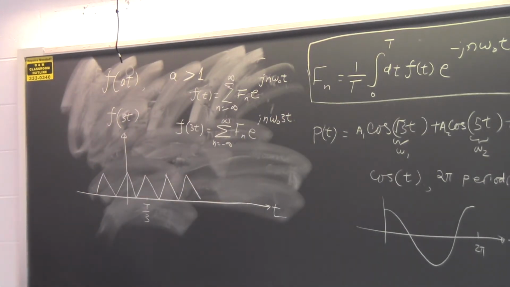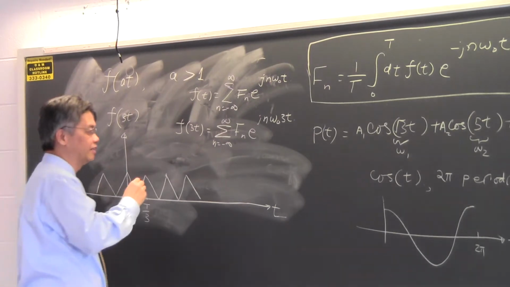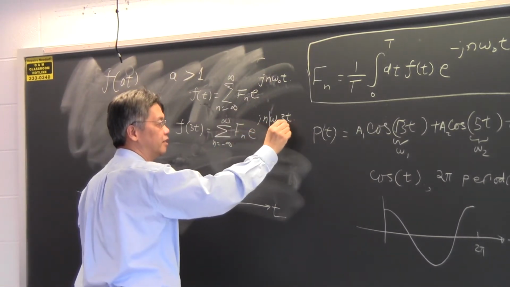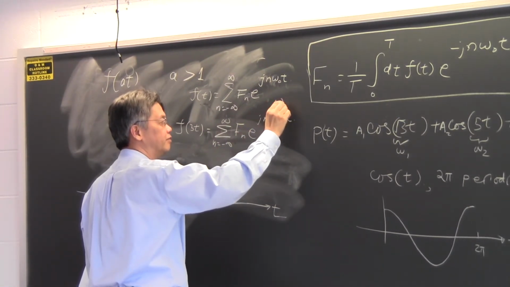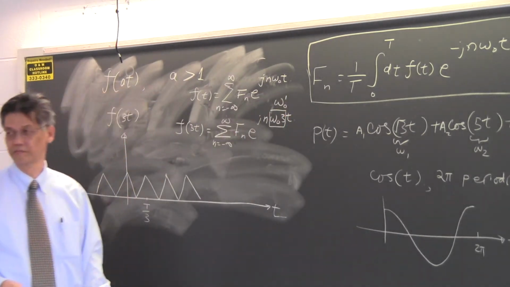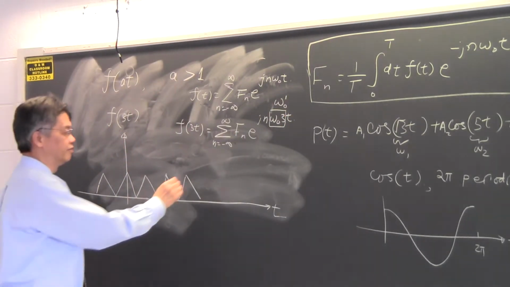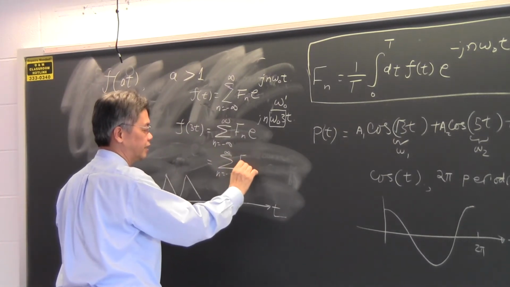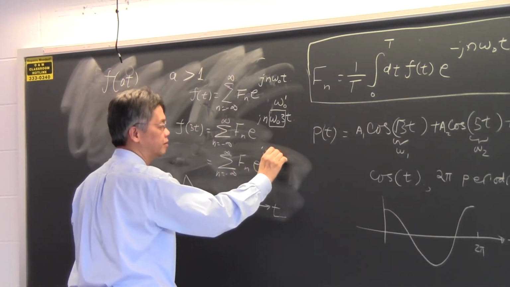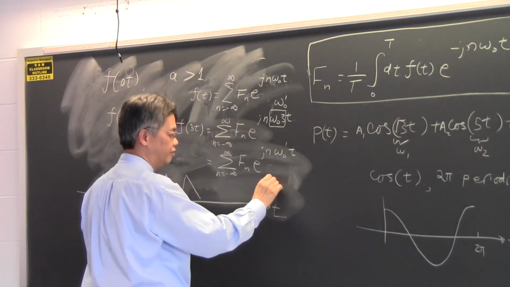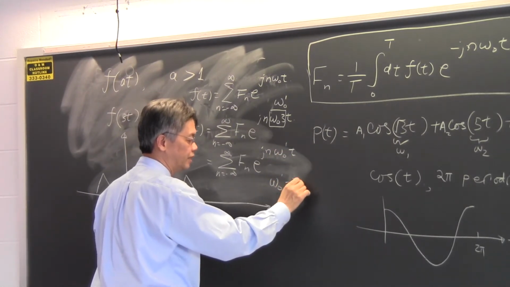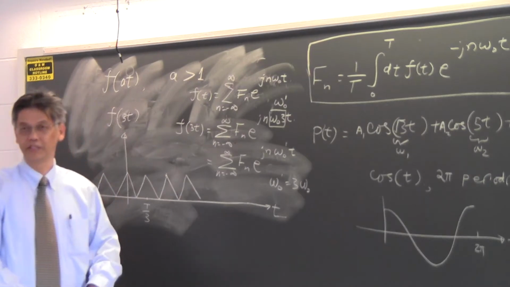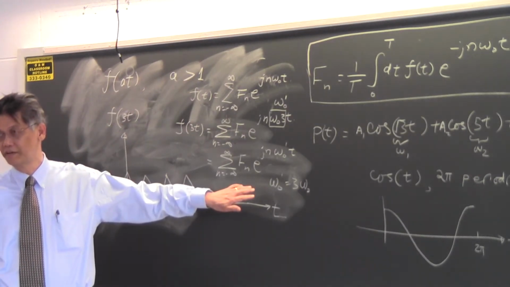Okay? So what you have effectively done is replace it with a new fundamental frequency. And you can think of this as a new summation of f sub n e to the j n omega naught prime t, where omega naught prime is 3 times omega naught. So the frequency has increased by a factor of 3.